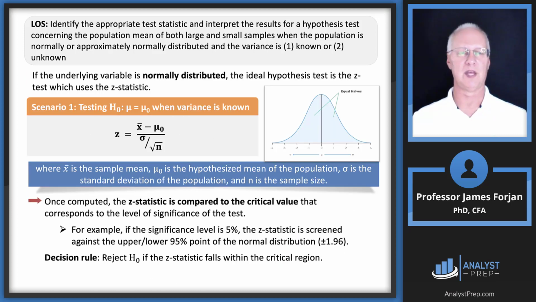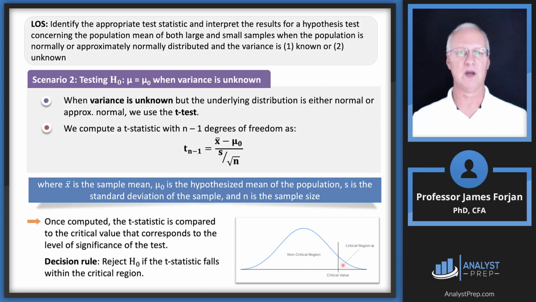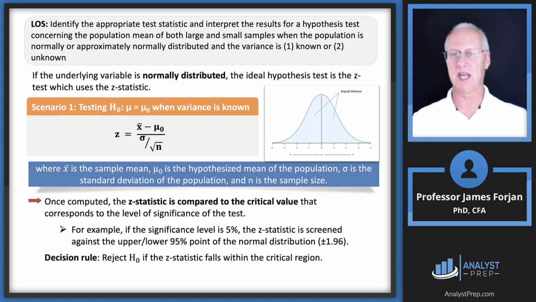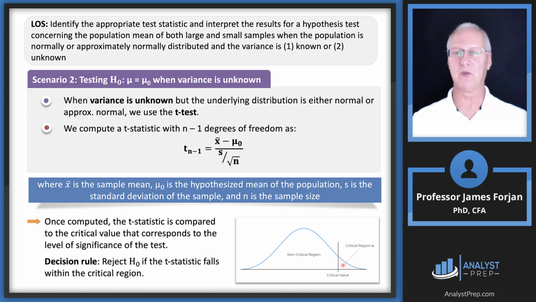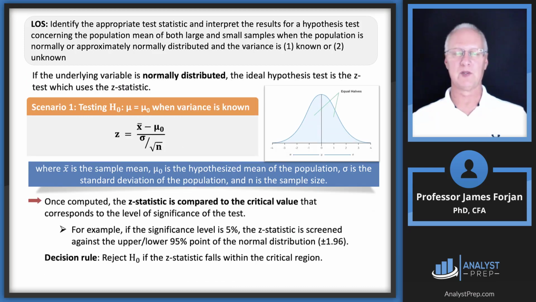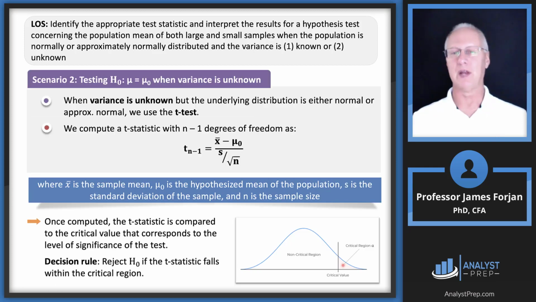So here is the population variance when it's known. When we don't know the population variance, we're just going to substitute the sample variance, or in this case, the sample standard deviation. Now this, back here, this is a z. Here, this is a t distribution. So that's super important. So make sure you understand the difference between scenario 1 and scenario 2.